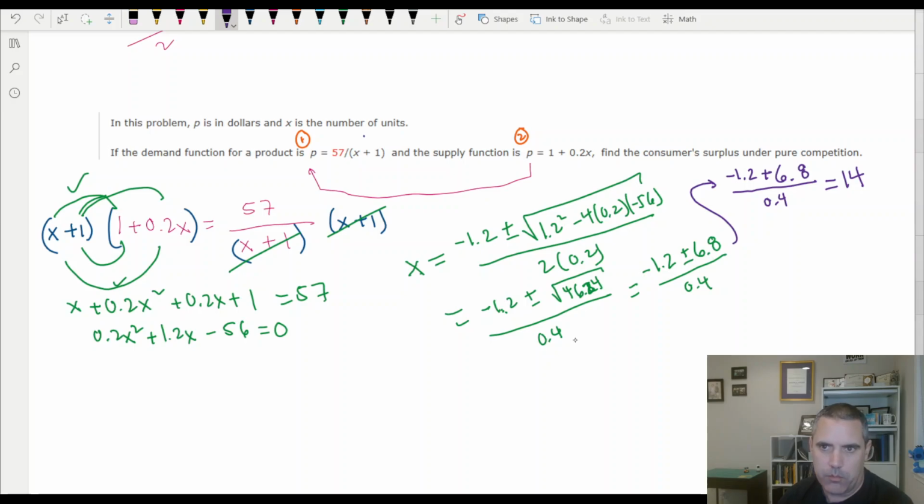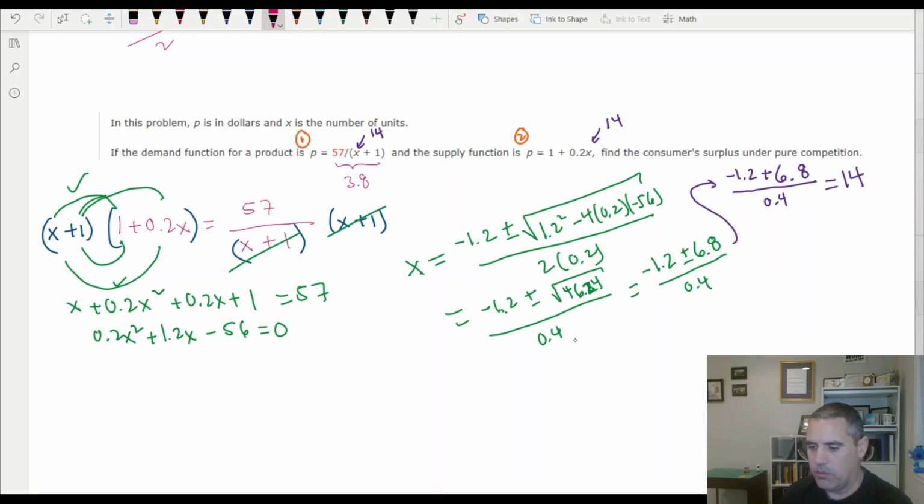Now you can plug in 14 here, and you really should plug it into both because that will confirm that your solving was correct. So I'm going to do 57 divided by 14 plus 1, so 15, and this comes out to be 3.8.